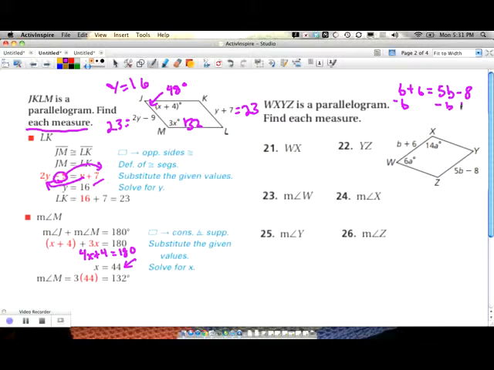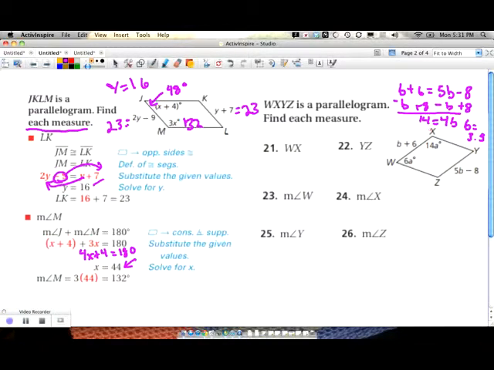If I subtract B from both sides, add 8 to both sides, I get 14 equals 4B. Now when I put that together and divide, that's going to be B equals 3.5.